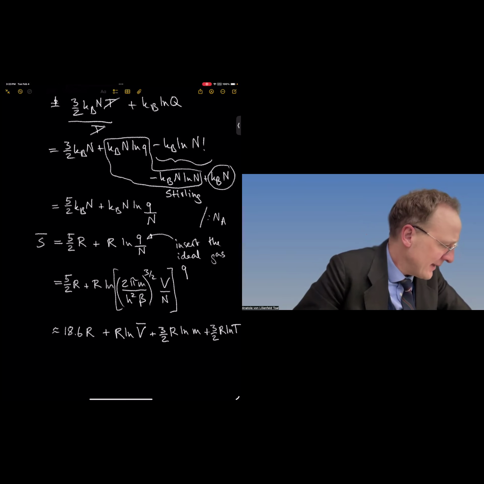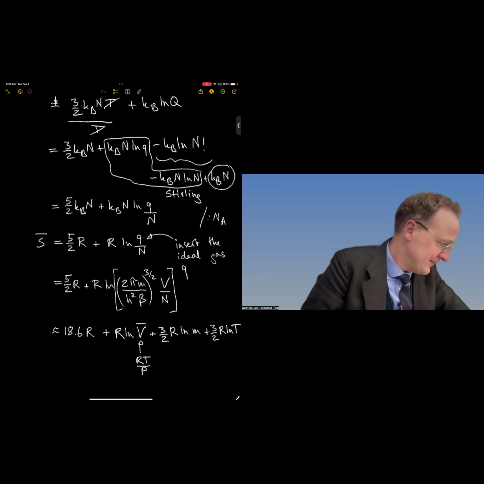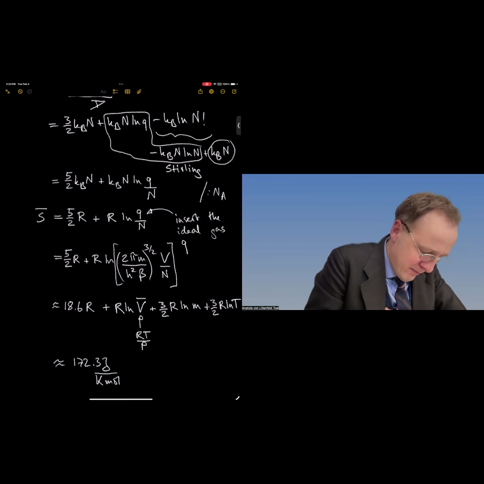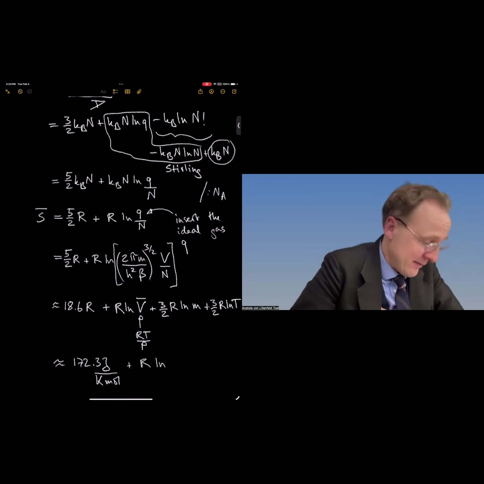Now my volume I can also replace by RT over P, and then I obtain 172.3 joule per Kelvin and mole plus R logarithm. And now I unite my variables.